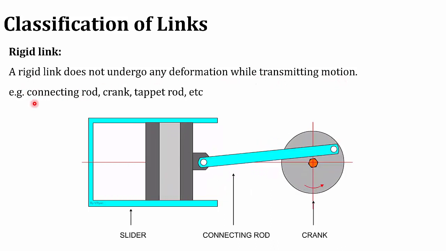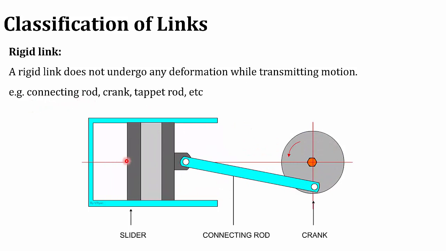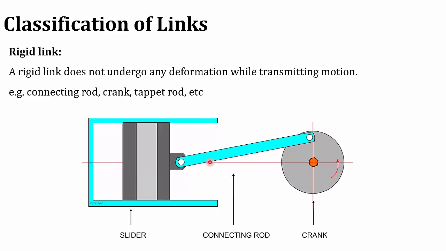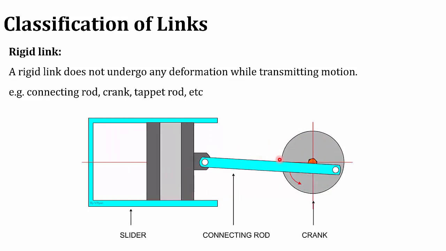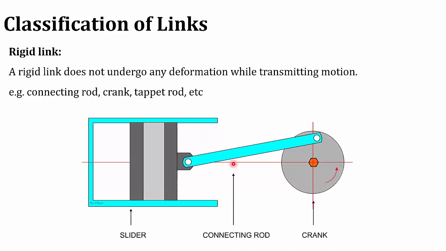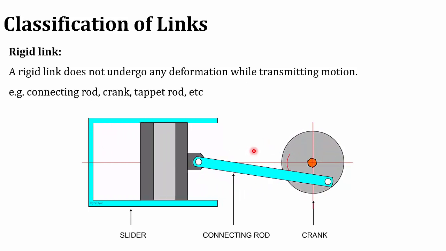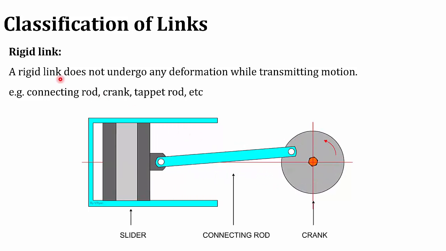The example for a rigid link is the connecting rod. Here you can see a slider, a connecting rod, and a crank. The connecting rod transmits motion from the crank to the slider. During that time, the connecting rod will not undergo any significant deformation or deflection. That is why it is called a rigid link.